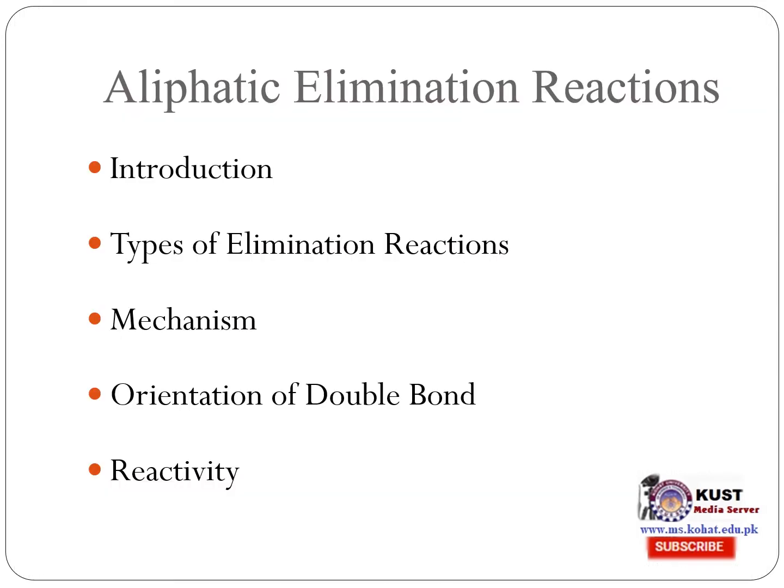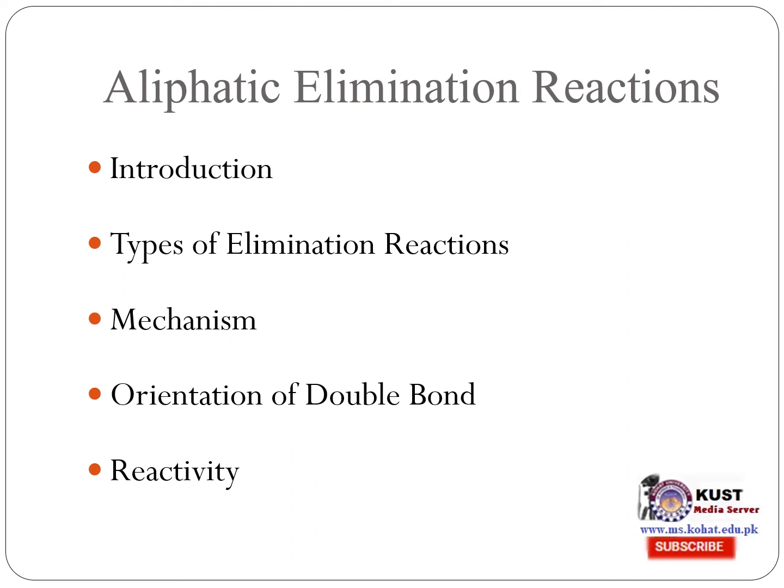In this topic, elimination reaction, we will be studying the introduction to the elimination reaction, that is, what the elimination reactions are, and the types of elimination reactions, how many types there are and on what basis this has been divided into different types.